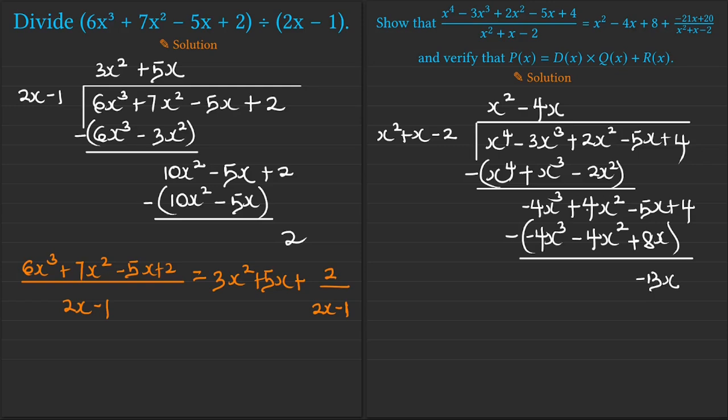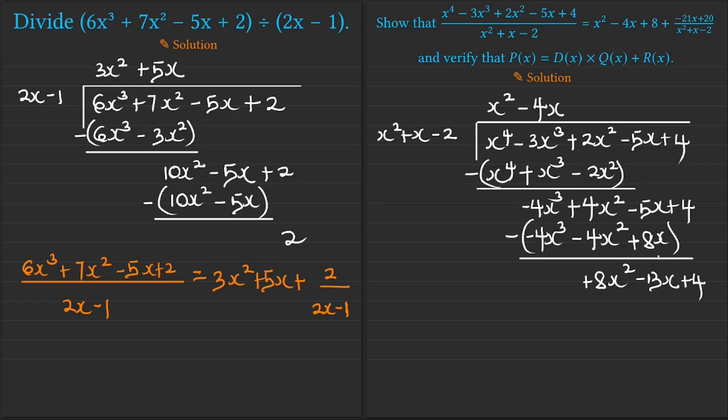Then for the 4x squared minus negative 4x squared, it becomes a 4x squared plus 4x squared, which then gives us a positive 8x squared. Negative 4x cubed minus negative 4x cubed go out, right? They are cancelled. Hence, we can bring our 4 down here. That is from this stage.